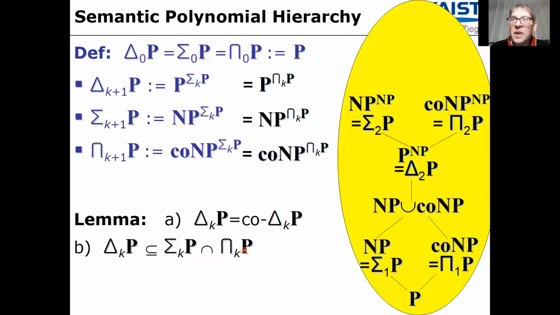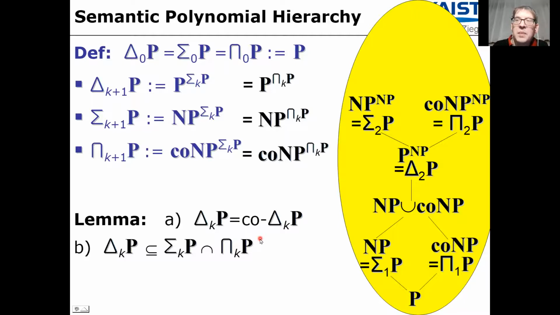So the first thing I've asked you to prove is that minimizing Boolean formulas is complete for this complexity class co-NP to the NP.